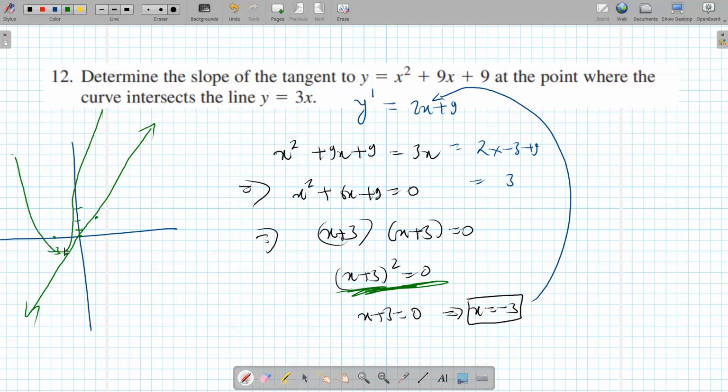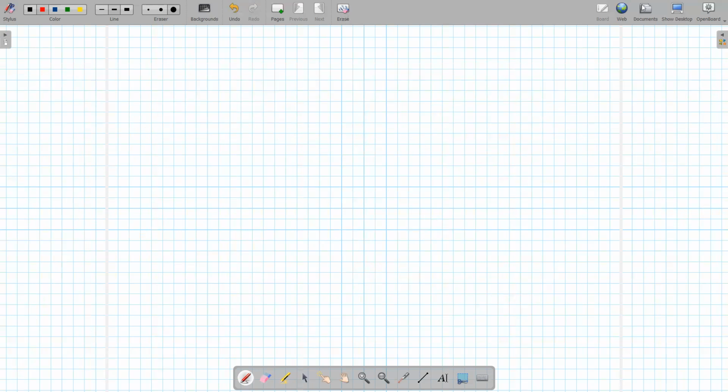So they're going to touch there gently, and it's going to go away. And if you draw a tangent line at that point, we know the slope of the tangent line is going to be 3. So where they intersect, we draw a tangent line, it's going to be 3. Make sense?